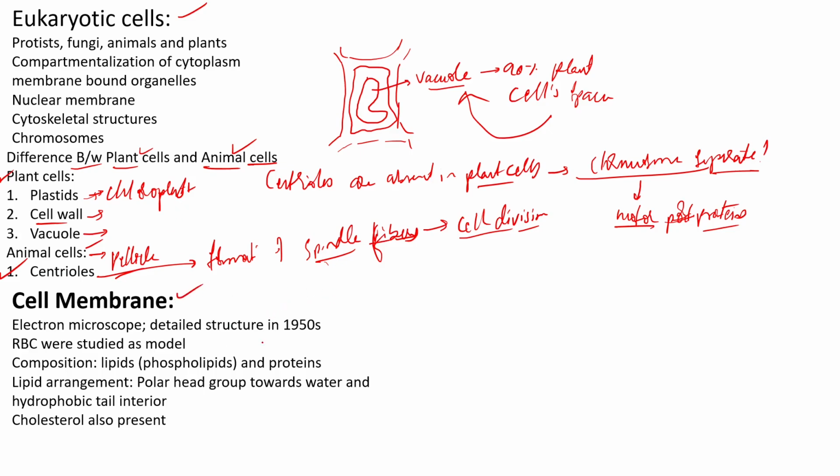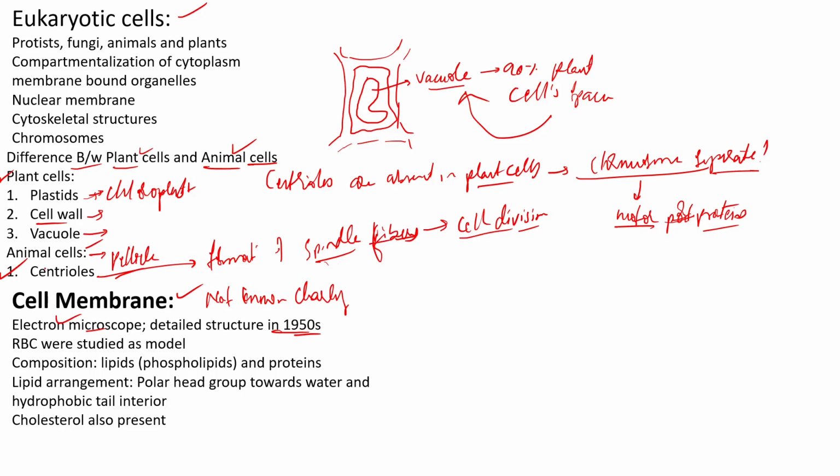The structure of the cell membrane was not known clearly, but with the help of the electron microscope, the detailed structure was studied in the 1950s. The structure was studied more elaborately in the early and late 1950s.